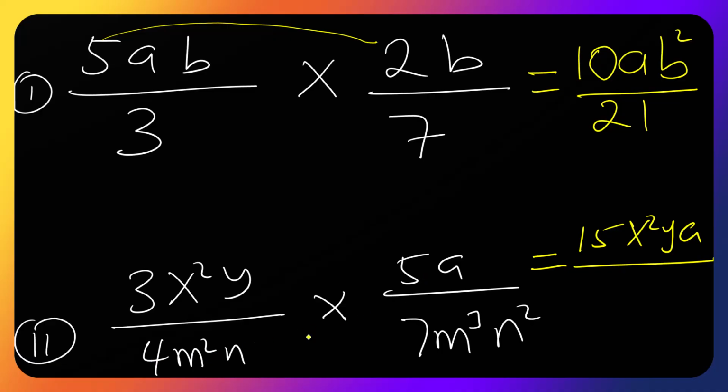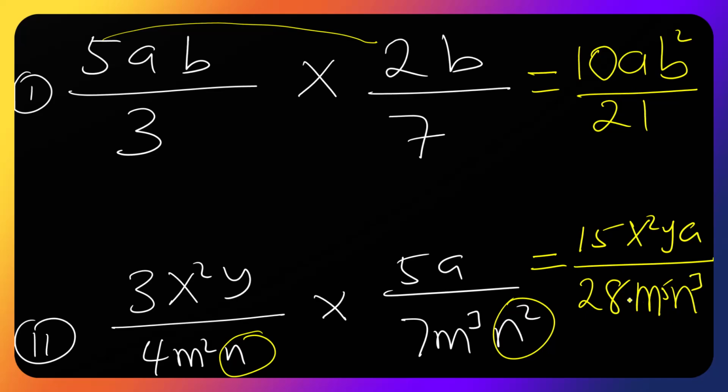And 4 times 7, 28. m squared, m cubed, m to the power of 5. n here, n squared. So that will be n cubed if I multiply them. Okay, so there is nothing here to cancel. So the answer remains as that. All right.